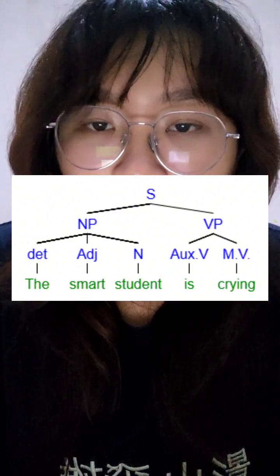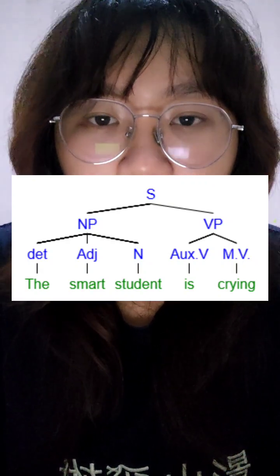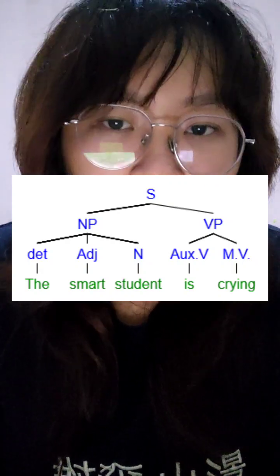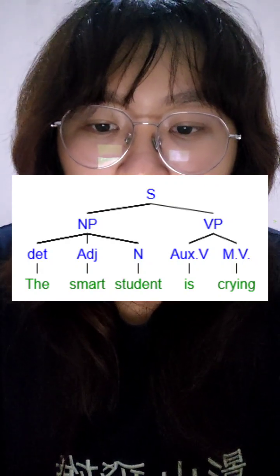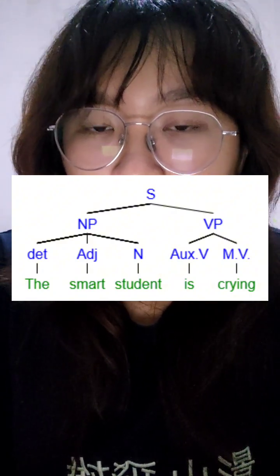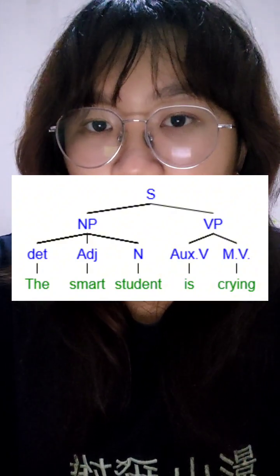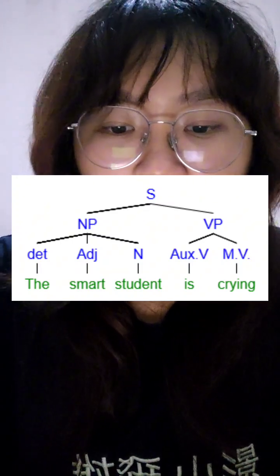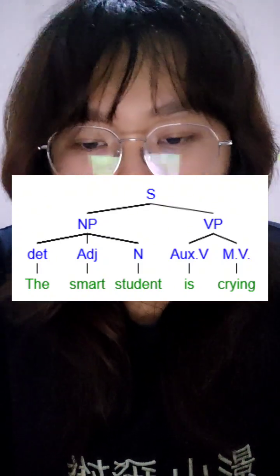Now let's break down the sentence. Remember, divide it into two constituents. The first constituent here is the NP. The NP here has a lot more parts than the sentence before, Alice is a student. Now the smart student is crying.